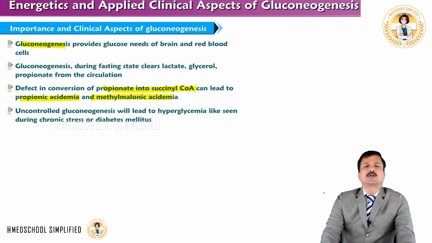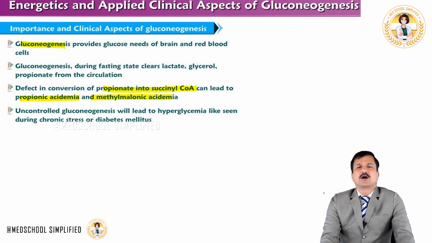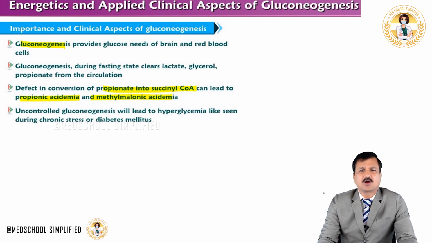Also, uncontrolled gluconeogenesis will lead to hyperglycemia, like what is seen during chronic stress and diabetes mellitus. Note that whenever a person goes into a chronic illness, that illness will release hormones like cortisol, and cortisol will promote gluconeogenesis and lead to hyperglycemia.